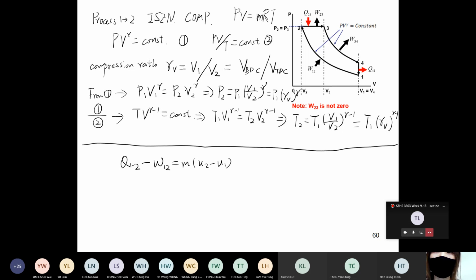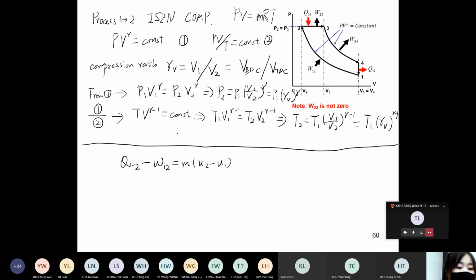If 3 to 4, that should be U4 minus U3. Always remember the final state minus the initial state. Otherwise, you may cause errors, okay?